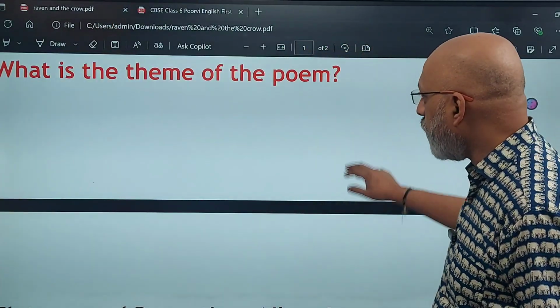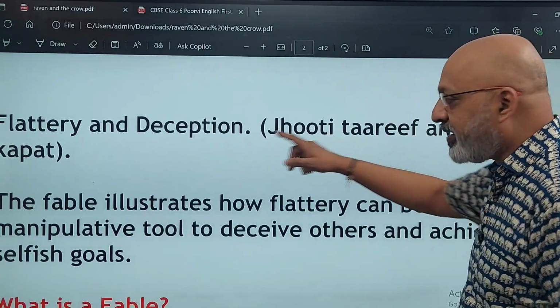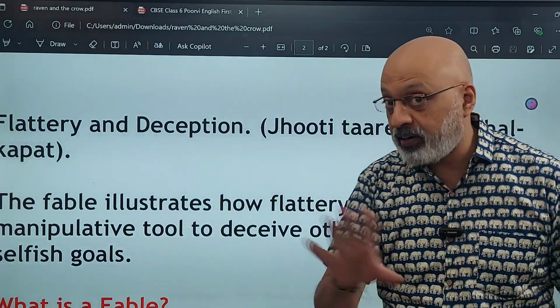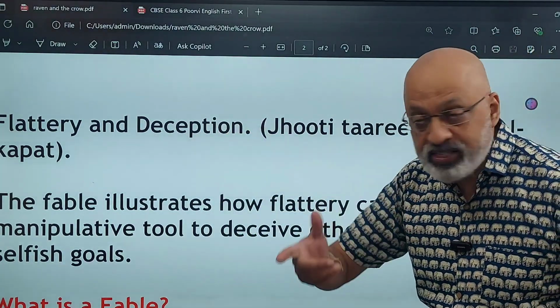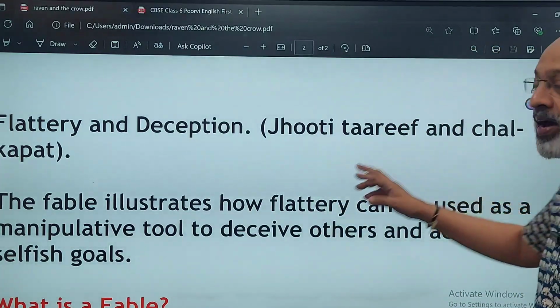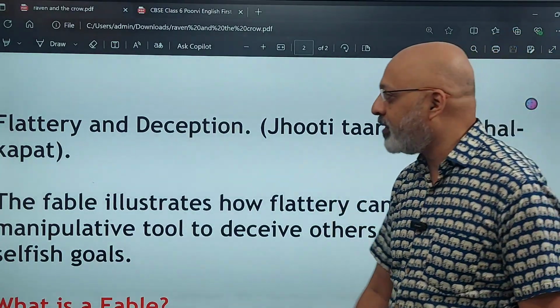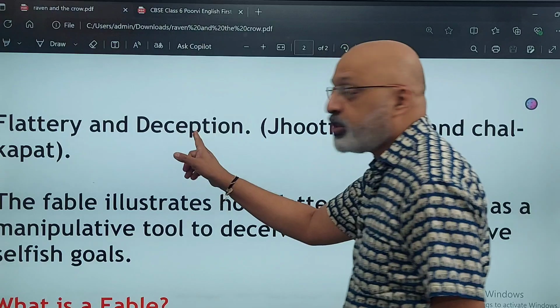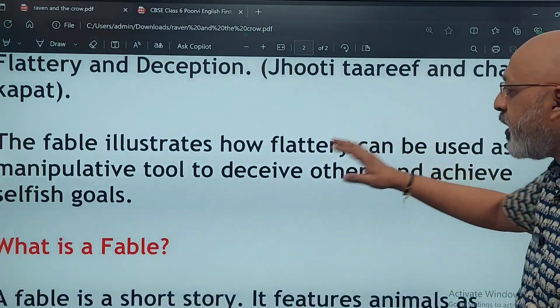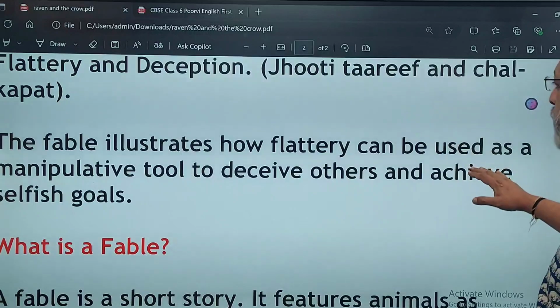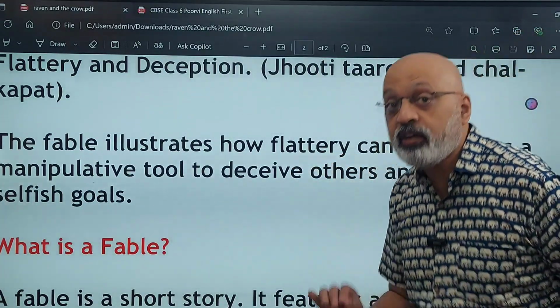Okay, what is the theme of the poem? Flattery and deception. Now you will understand it better, which is why I said इसको बाद में करते हैं. Flattery and deception, कि deceive किया, झूठी तारीफ and छल कपट, उसका हिंदी रूपांतर, झूठी तारीफ छल कपट. Okay, जिनको कि हिंदी में ज्यादा अच्छा समझ में आता है. The fable illustrates how flattery can be used as a manipulative tool.